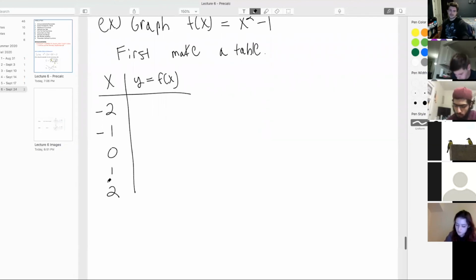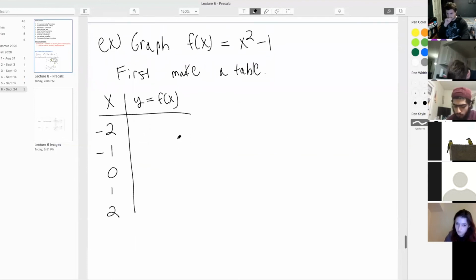All right, so these numbers in the left column, I'm going to be plugging in to our function. If I plug -2 into our function, you do -2 squared minus 1, which is 4 minus 1, that'll be 3. If I plug -1 in, I will get 0. If I plug 0 in, I'll get -1.